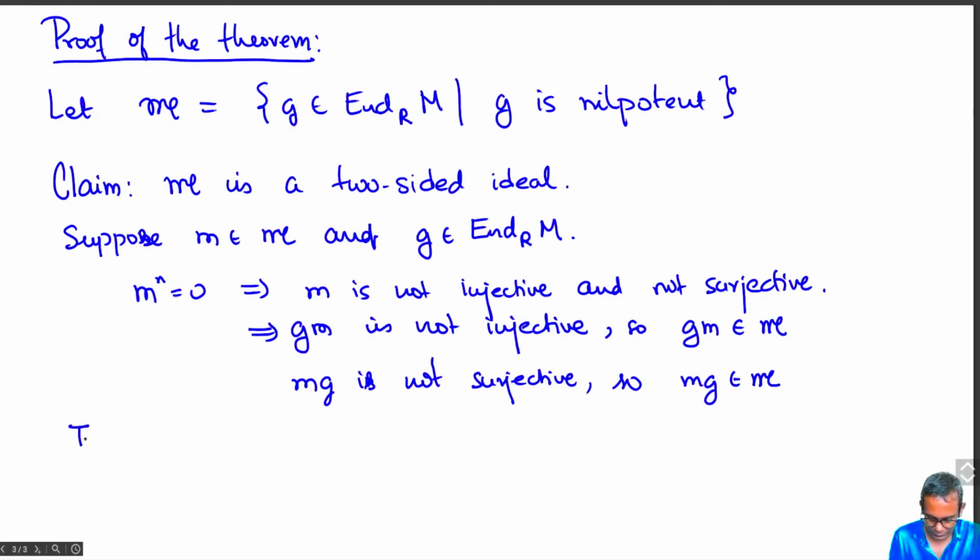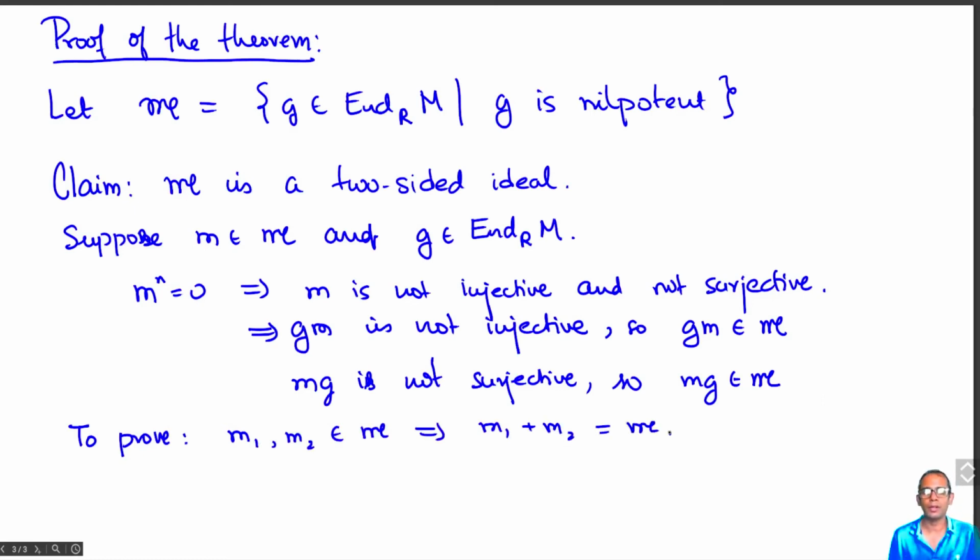Now to prove that, if m1, m2 are in M, then m1 plus m2 is in M. We'll prove this by contradiction. Suppose m1 plus m2 is not in M, then it is a unit.